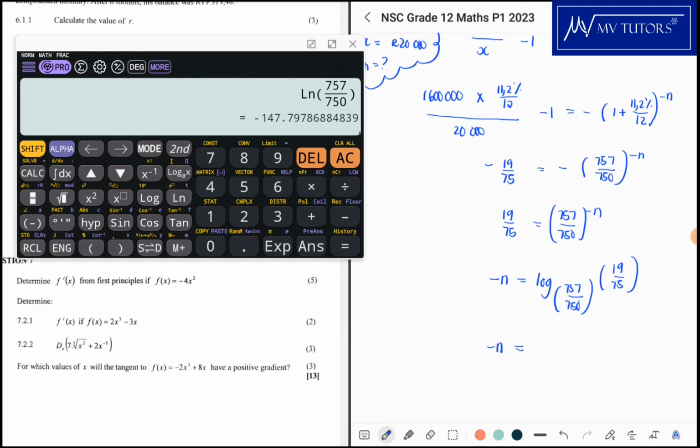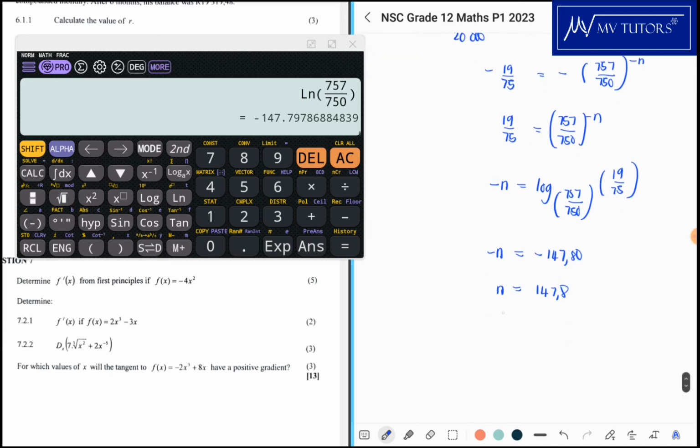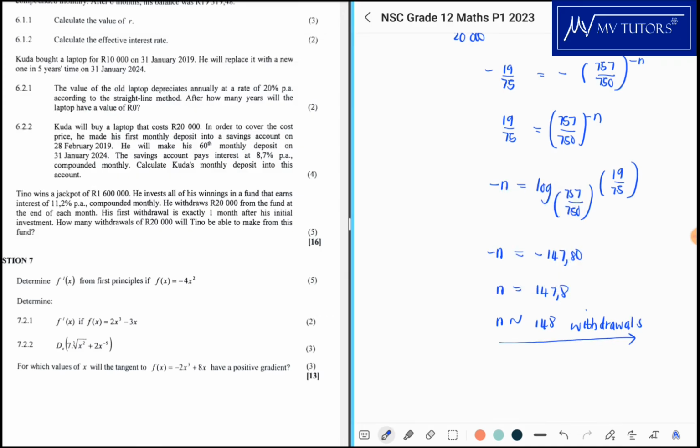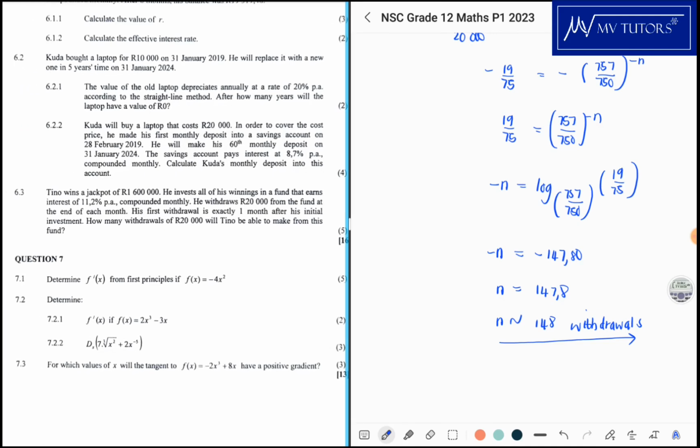So that's basically equal to negative 147.8. We can round it off to 148 withdrawals. Always round up. And that's it for question 6.